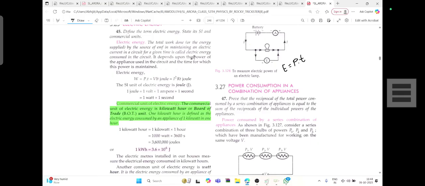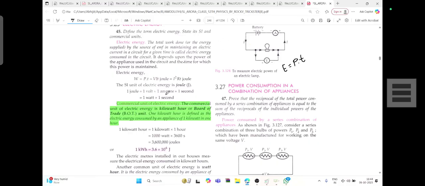It depends upon the power of the appliance used in the circuit and the time for which this power is maintained. That means W is equal to P into T, so E is equal to P into T.